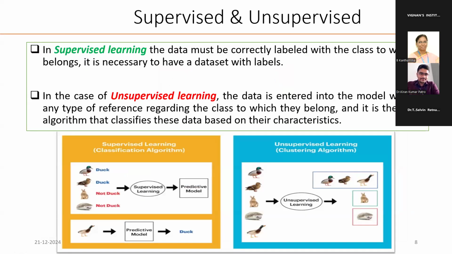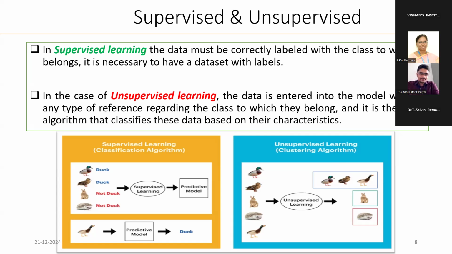Generally, if you are talking about machine learning, we should know what is meant by supervised and unsupervised machine learning. Suppose you have data. If your data is supervised with some label, then it is called supervised learning. In unsupervised learning, there is no supervision, so based on the characteristics only, you should learn about the data. That is called unsupervised learning.